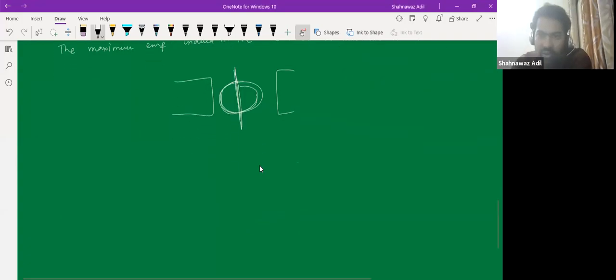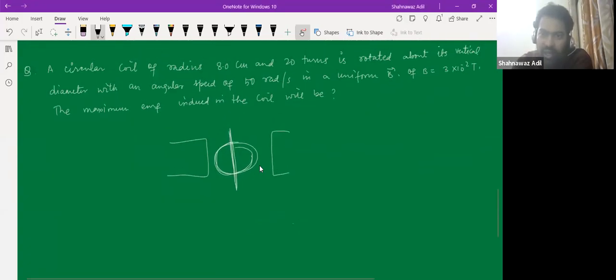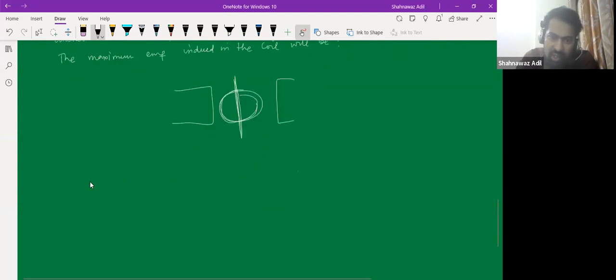As we know, for rotation, what is the EMF generated? Remember, there are n turns. Please go back to your notes and tell me what was the EMF for this rotation.